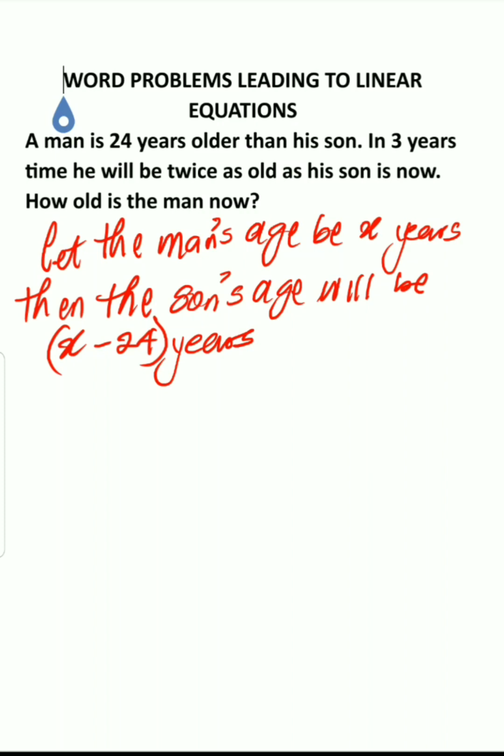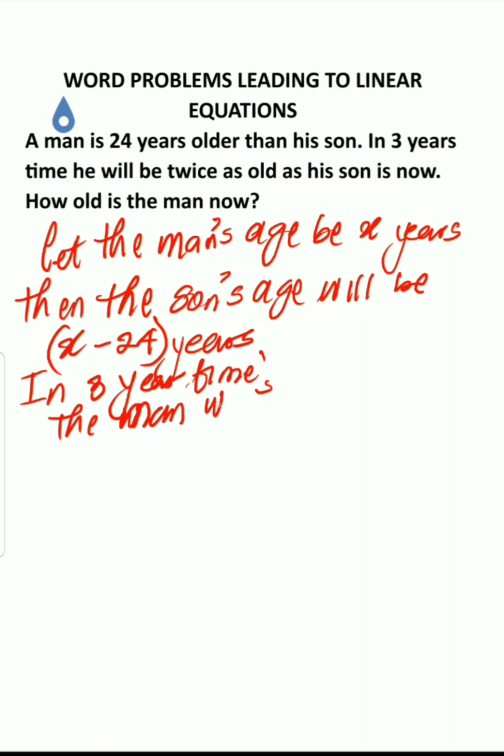Now, in 3 years' time, that's in the future. In 3 years' time, he will be twice as old as the son. That means the man will be twice as old as the son. So it's better we get the man's age in 3 years' time. The man is X years old now. So in 3 years' time, the man will be X plus 3 years.